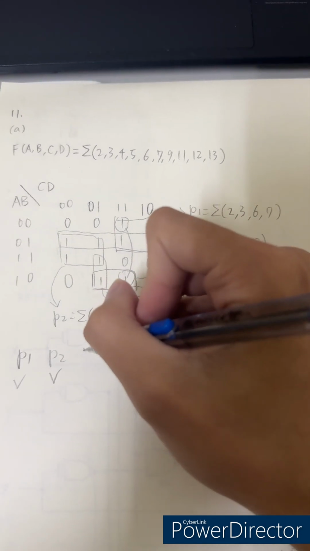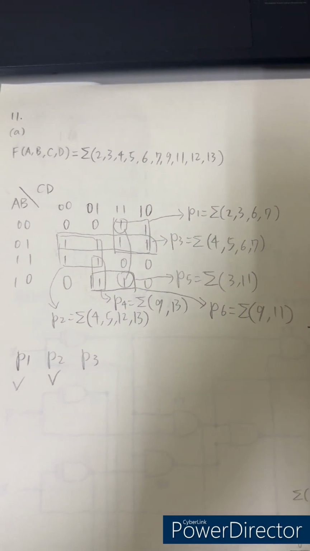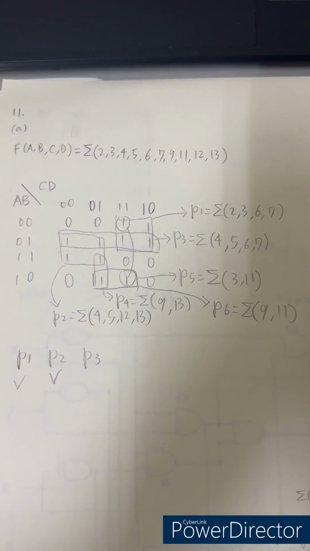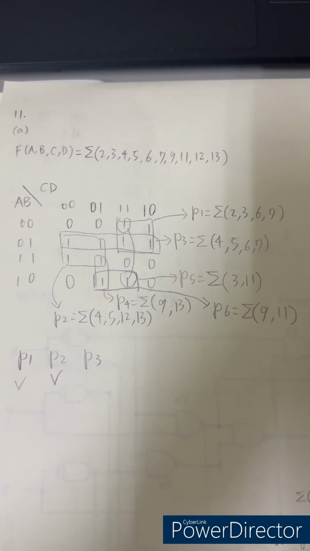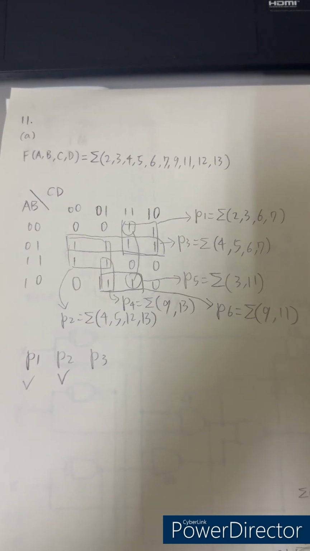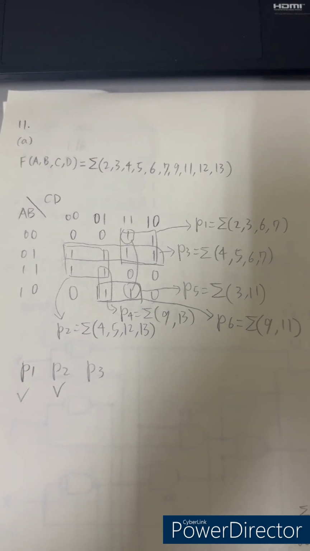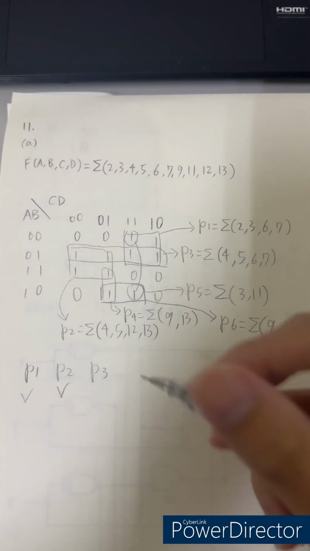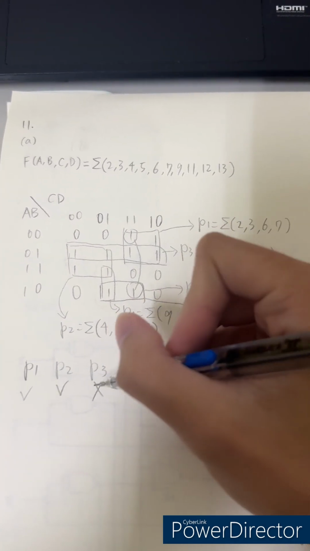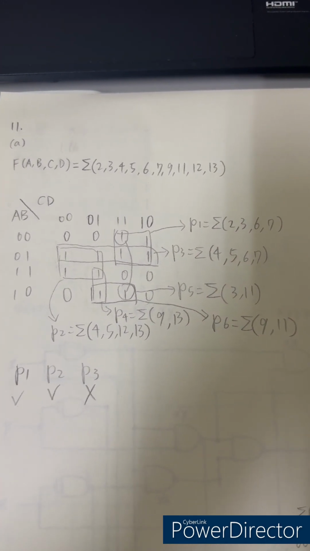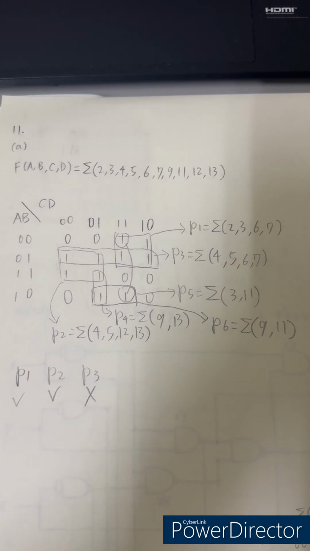And how about P3? P3, the minterms 4 and 5 can be covered by P2, and the minterms 6 and 7 can be covered by P1. So P3 is not an essential prime. And let's check P4.